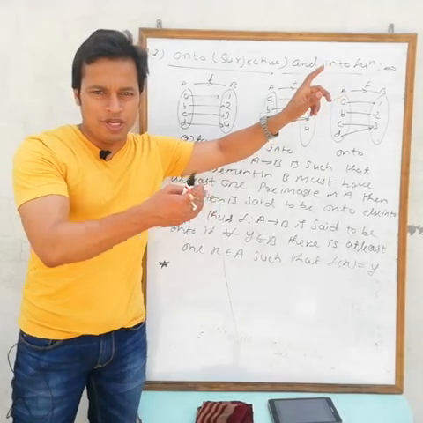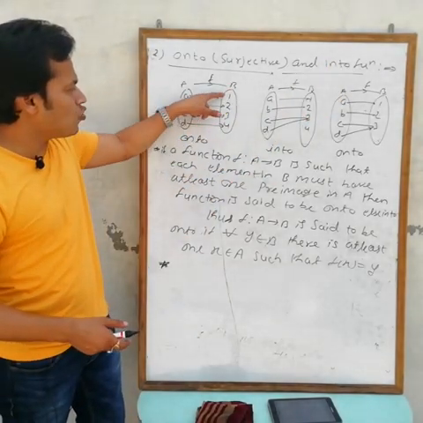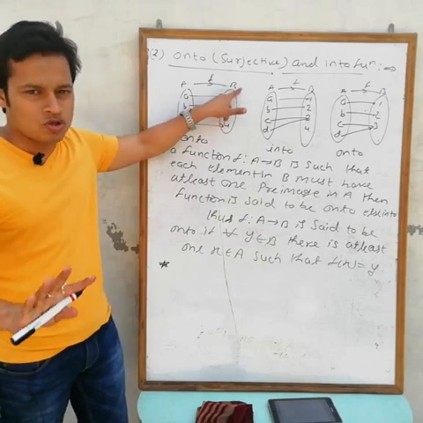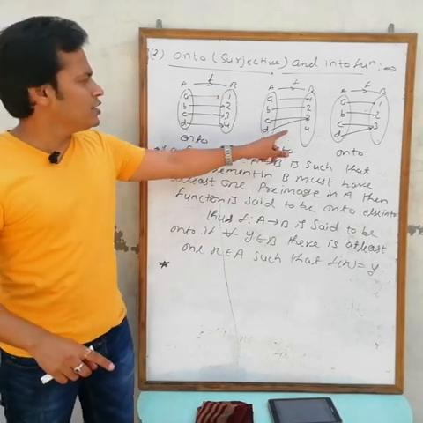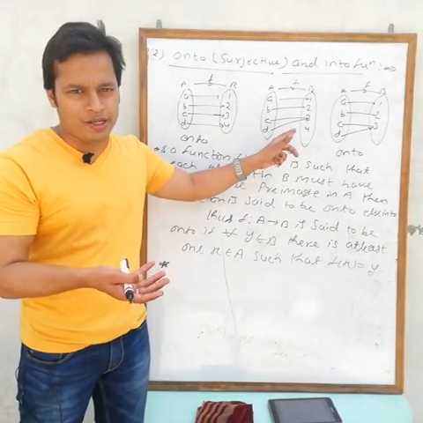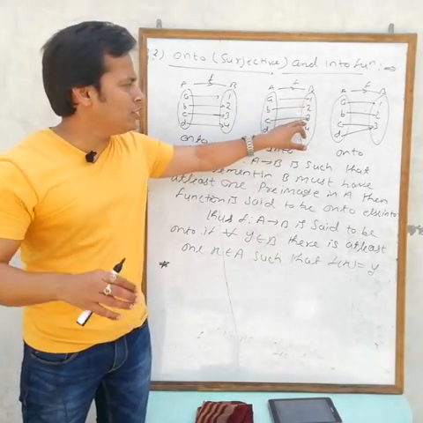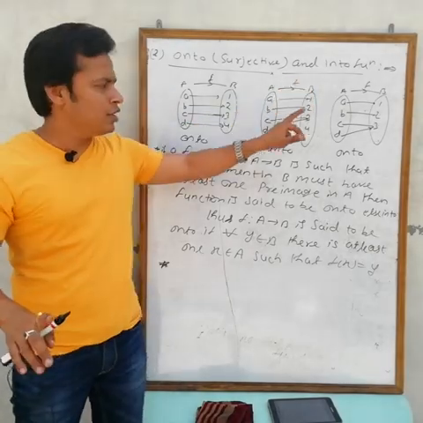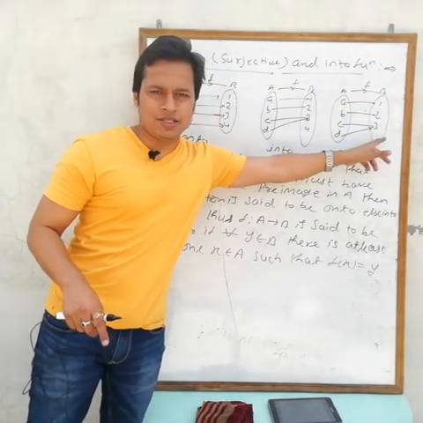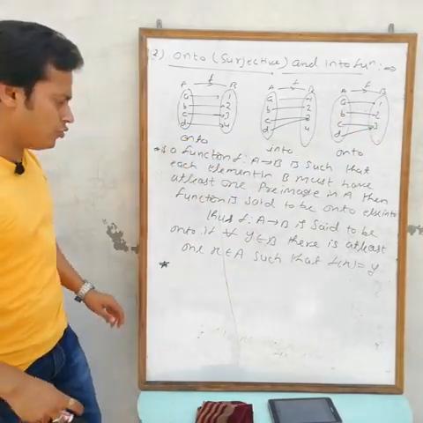A to B, then B is the codomain. In this one, the range is 1, 2, 3, 4, all possible values of y, that equals B, so onto. In this one, the range is 1, 2, 3, because 4 is not a value of y for any x. So 1, 2, 3 is not equal to B. So this one is into. Again 1, 2, 3 is the range, that equals B, so onto.